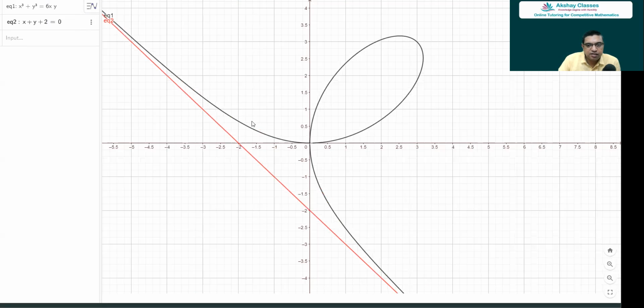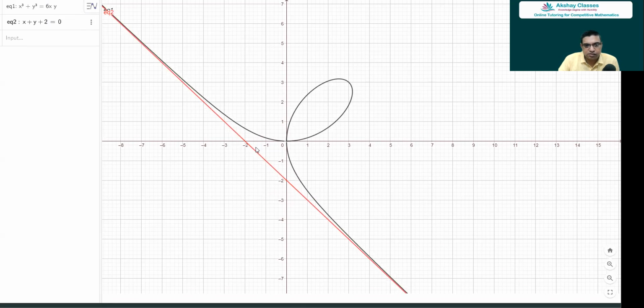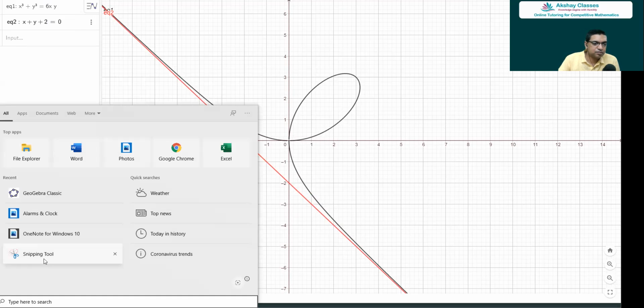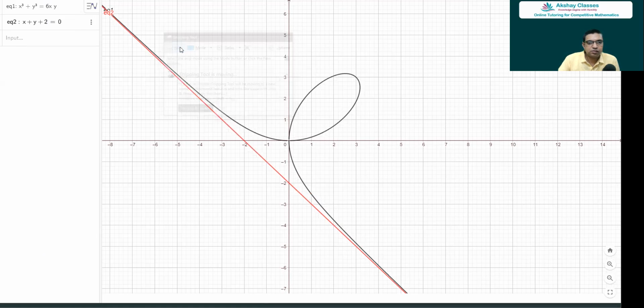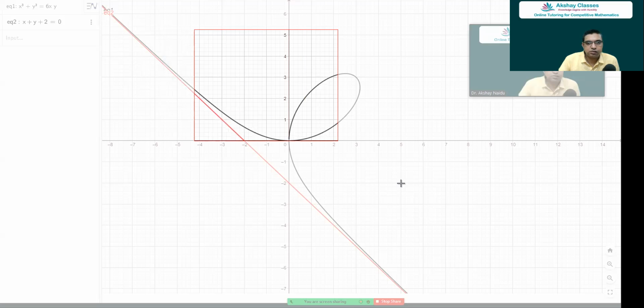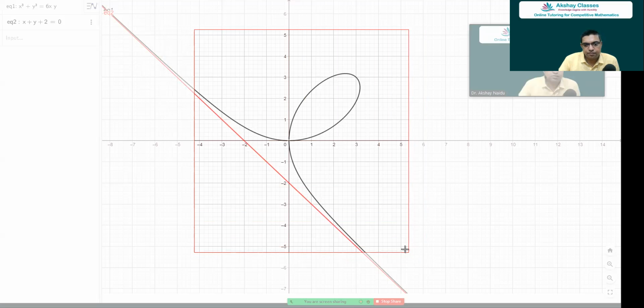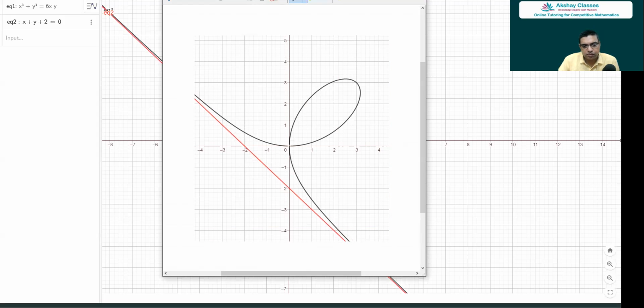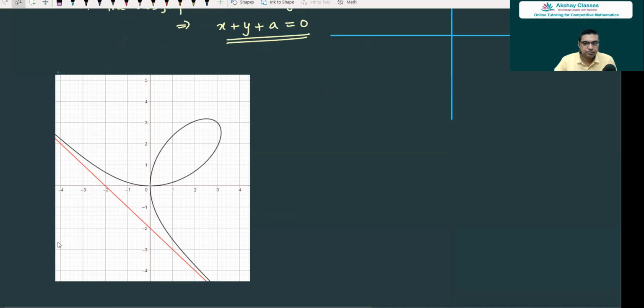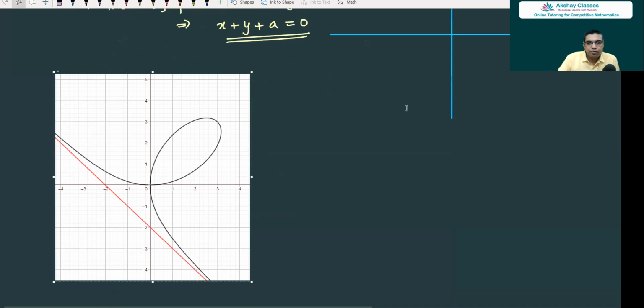And there we see this is the asymptote. Yeah, there's the curve. This is the folium of Descartes.